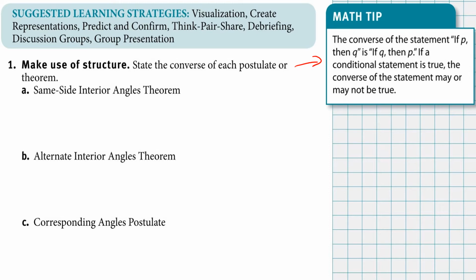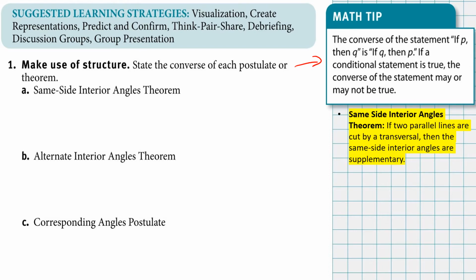Okay, so as we go over this, as we write the converse of the same side interior angles theorem, I need to first know what the same side interior angles theorem says. It says that if two parallel lines are cut by a transversal, then the same side interior angles are supplementary. So you would think maybe I'm just going to say, if the same side interior angles are supplementary, then two parallel lines are cut by a transversal.